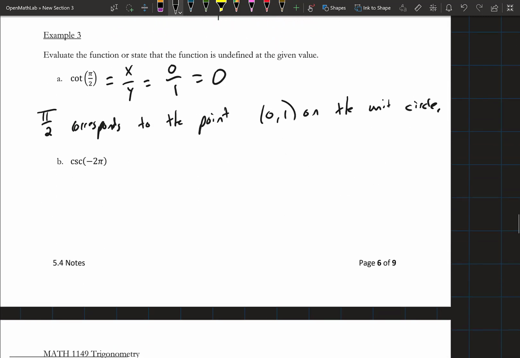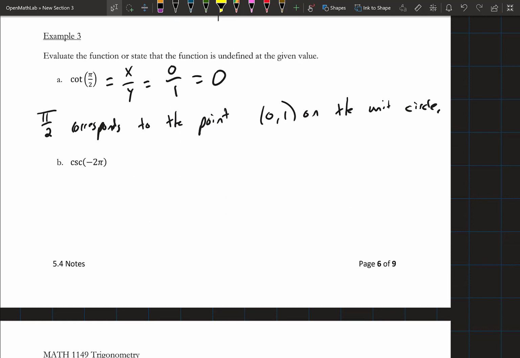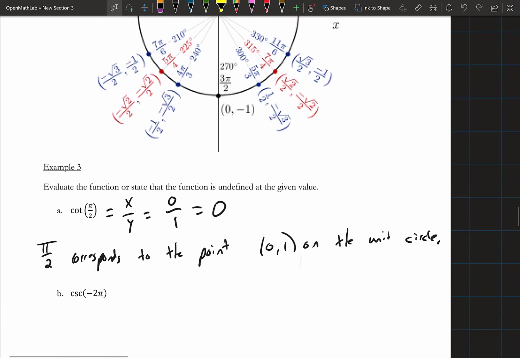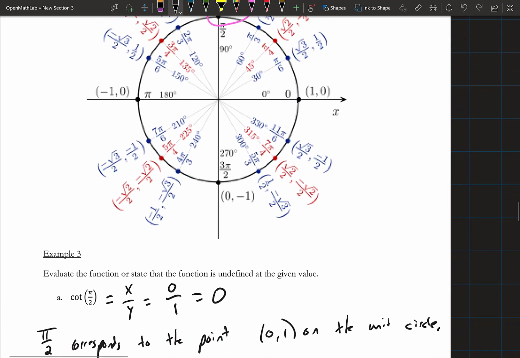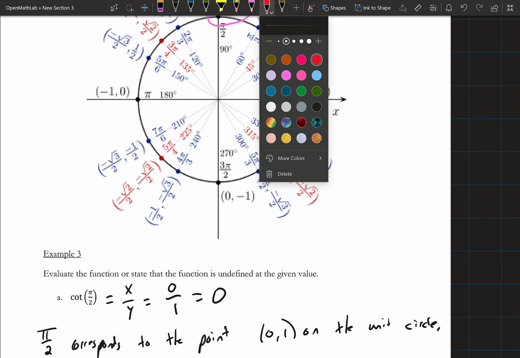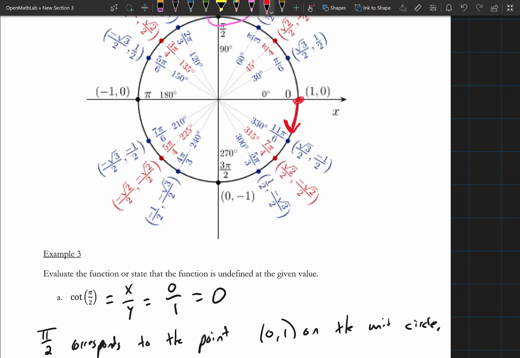And then next we're looking at cosecant of negative 2 pi. Negative 2 pi would be going in the negative direction, this way.